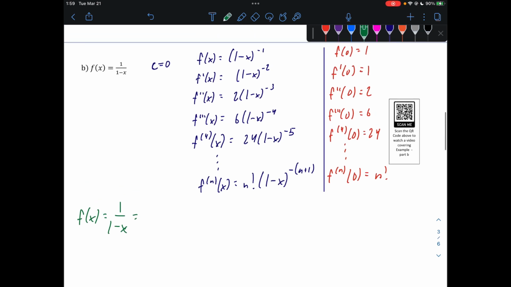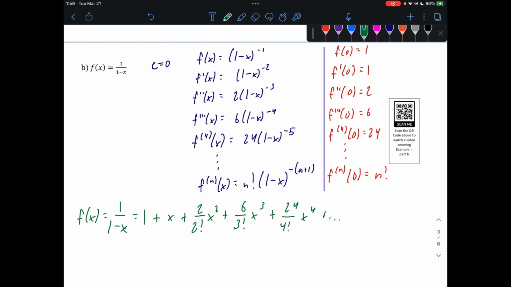If I was writing out my Maclaurin polynomial, it'd be 1 plus 1x, or just plus x, plus 2 over 2 factorial x squared, plus 6 over 3 factorial x cubed plus 24 over 4 factorial x to the fourth plus, basically, n factorial over n factorial x to the n.